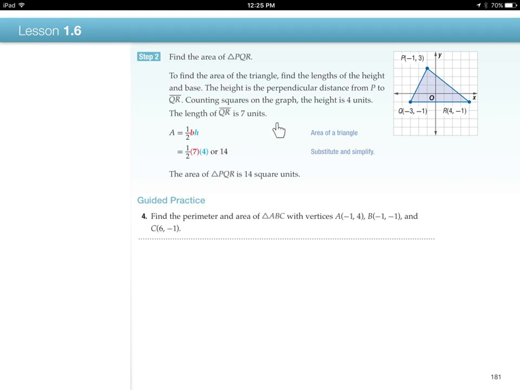Remember this is, well, we already know the base, use an absolute value from -3 to +4 is 7. And again, you can count really. So we know that the perpendicular height must be 4 units to 4. So again, substitute in your 7 and your 4. 28, half of 28, 14.